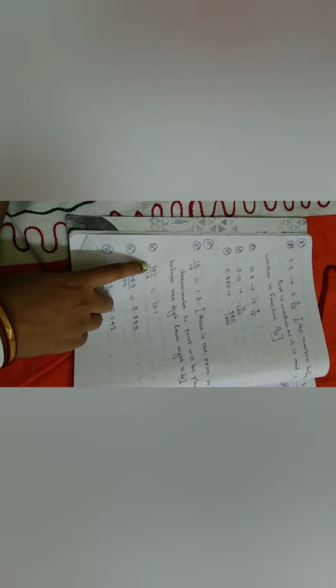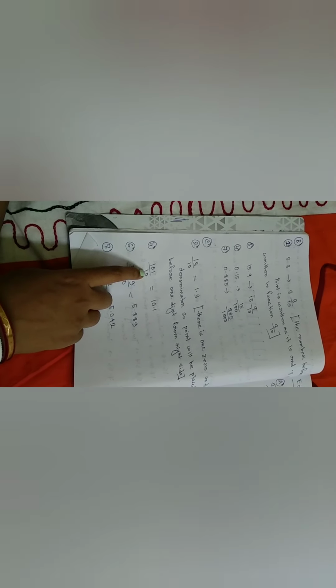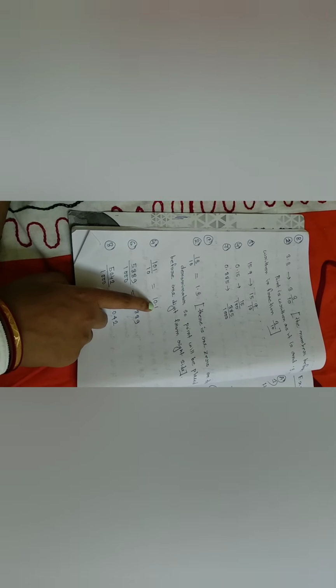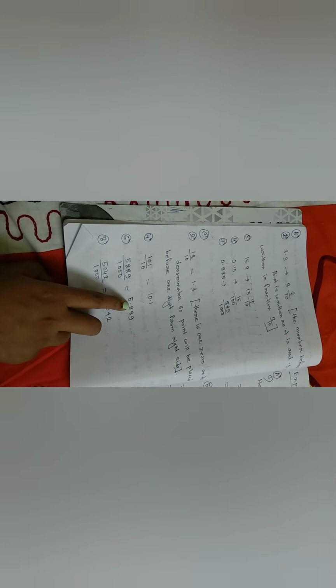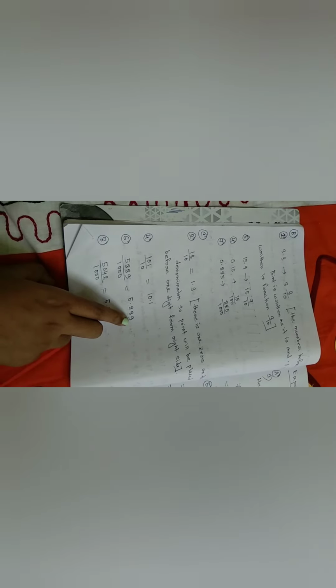Here 101 by 10. Here also there is one 0 in the denominator, so we will place the point. There is one digit after the point, so 10.1. 5889 by 1000, so 5.889. There must be 3 digits after the point.